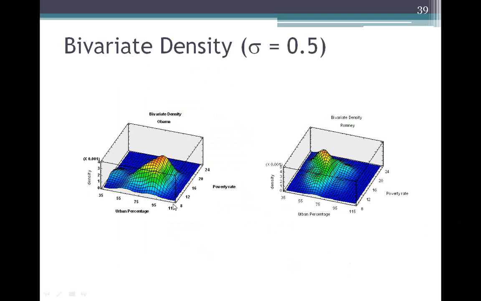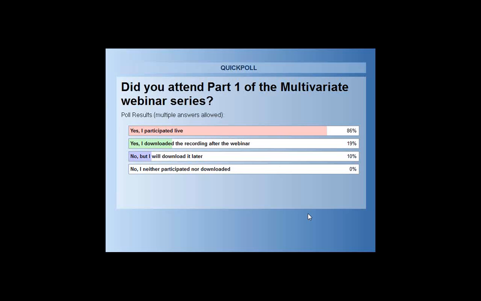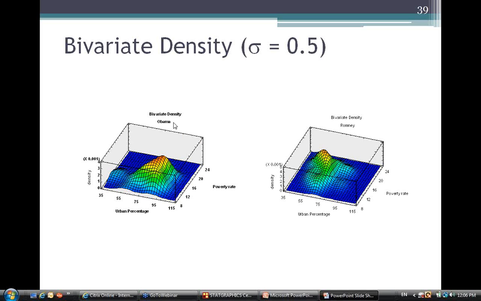This axis here is urban percentage. This is poverty rate. What you see here is a bivariate density function for Obama, and over here a bivariate density function for Romney.